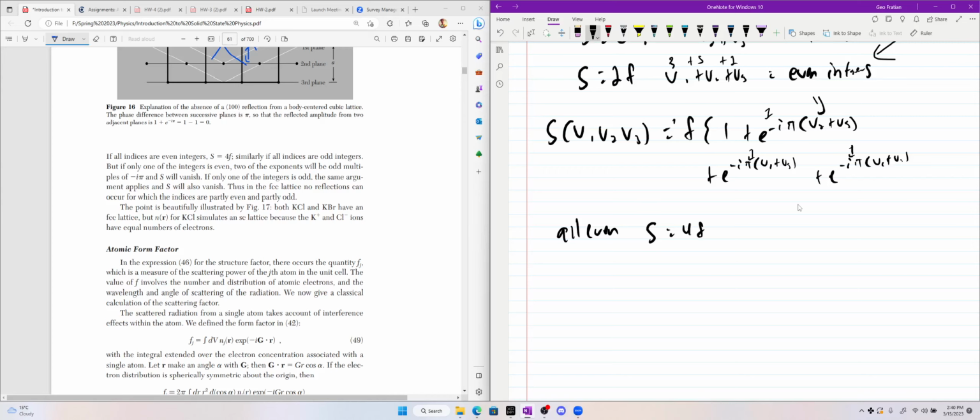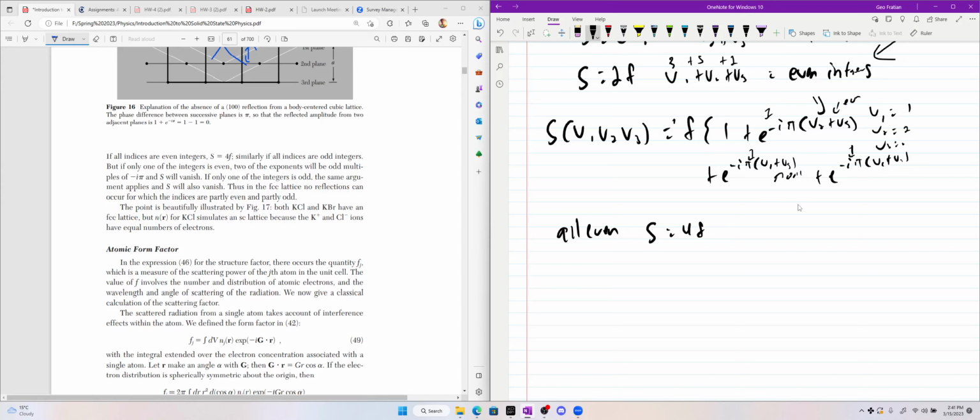However, if only one of the integers is odd, so we'll say v1 equals 1, v2 equals 2, v3 equals 2. v2 plus v3, this right here, is even.